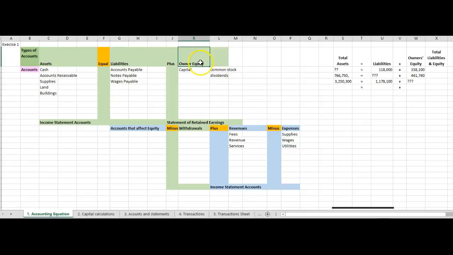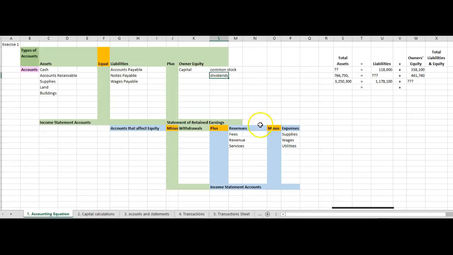Now, attached to owner's equity is a mini calculation that we have to do. We add what our investment is, but we also subtract what we withdraw from the business, or the dividends that we pay out to common stock.